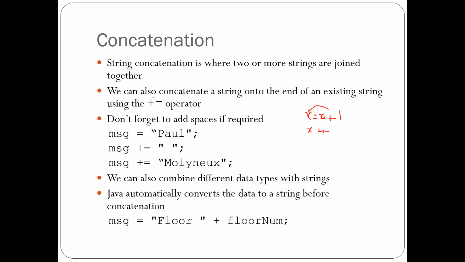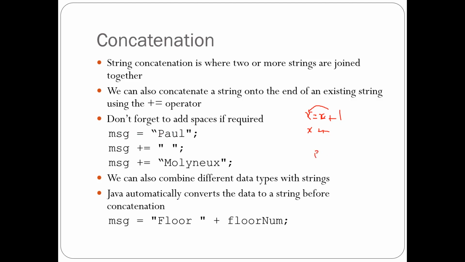But we can let Java add string values onto other values with the use of something called plus equals. Now, plus equals is very much like x equals x plus 1, but with strings it will actually join them together. So in this example, let the value of message equal "Paul".